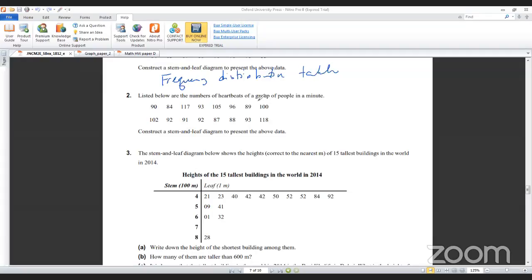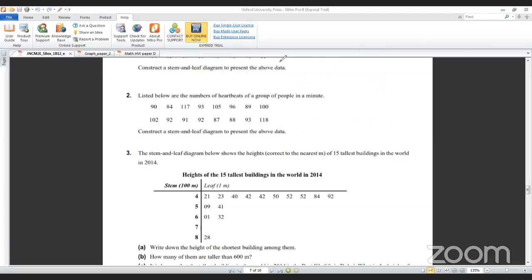Then in that case, we use a frequency distribution table and something called tally to help us to count clearly and accurately. Therefore, just make sure that you remember the names of those tables and diagrams.